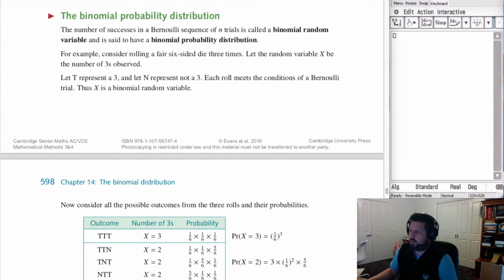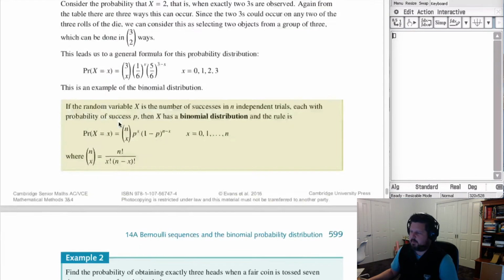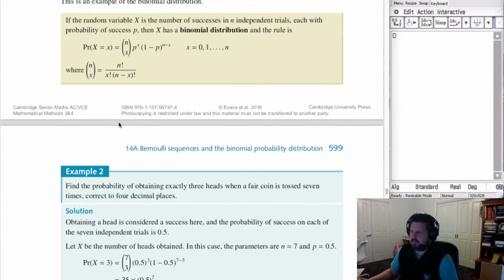With binomial probability distribution, what this is about is the number of successes in a Bernoulli sequence of n trials, and that's called a binomial random variable, and it's said to have a binomial probability distribution. Now there is a formula for this, and it's listed here.